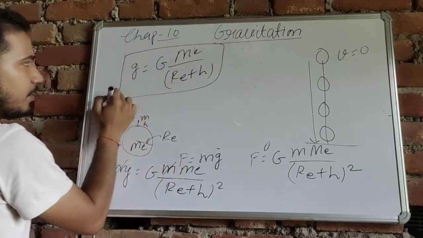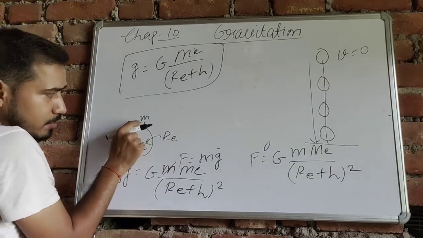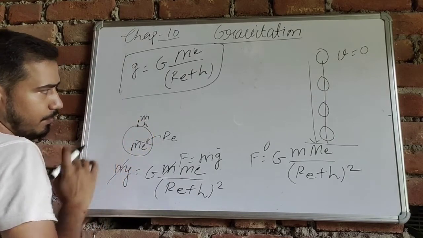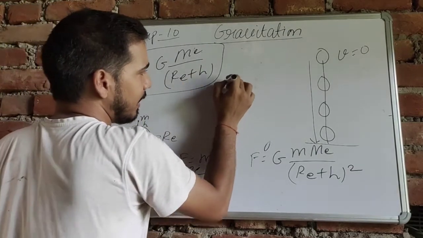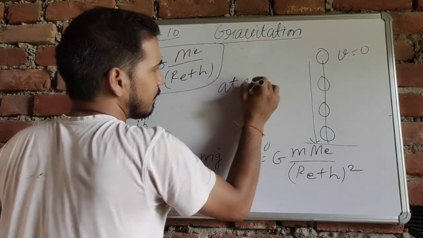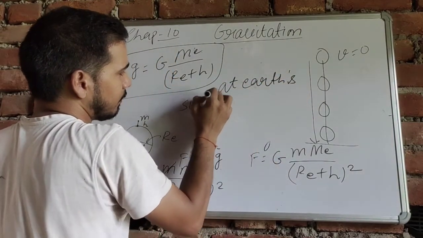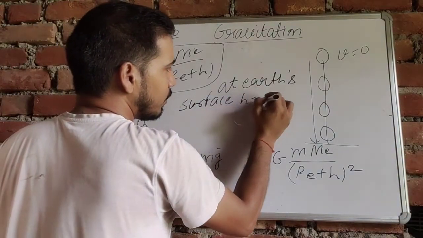This is the relation between small g and capital G. In case this object of mass m is lying on earth's surface, h becomes 0, which means at earth's surface, h equals 0.